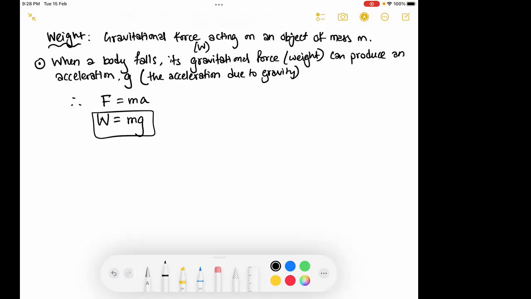Okay. Now the differences between mass and weight, if they ever ask you.